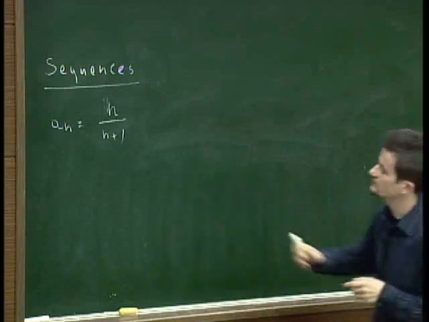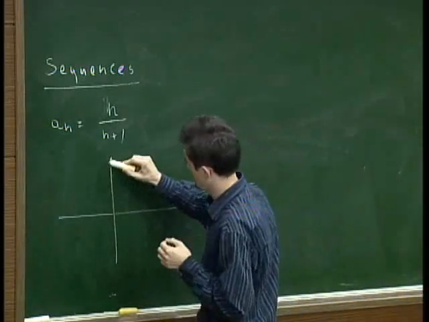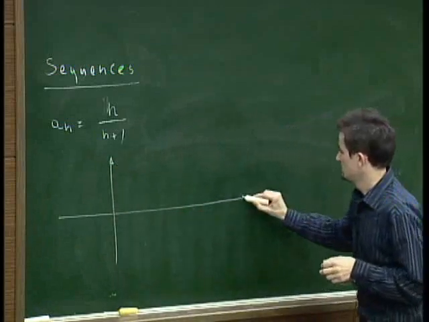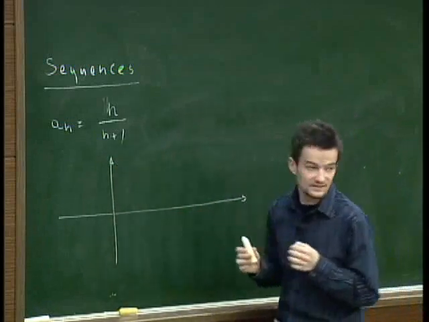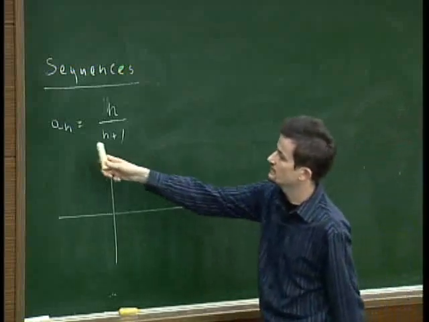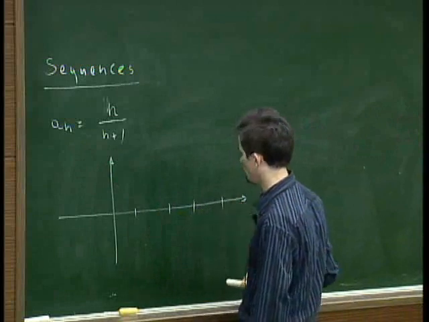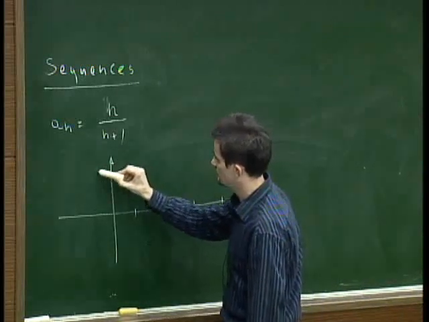In particular, if you plot this sequence, you will observe that, okay, you plot it as a function. So you consider it as a function with domain being natural numbers. So you have here 1, 2, 3, 4, and here is 1.